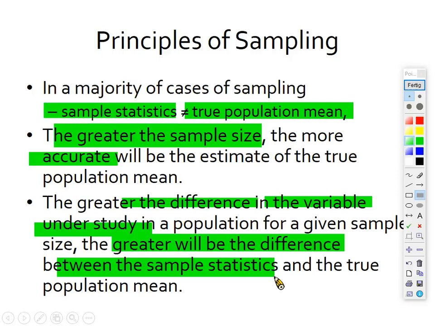If you only estimate the difference between male and female, your estimation for the true population mean will be much more accurate than if you want to compare the differences between the departments. Is that right? Because departments are more varied. There are 12 values there, and here there are only 2. Okay, so we have to consider all the different characteristics. So there are only 2 considerations: the sample size and the variations of the sample variables.